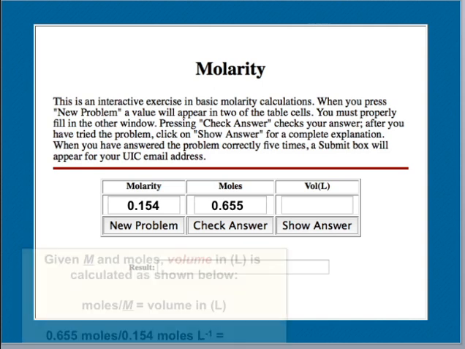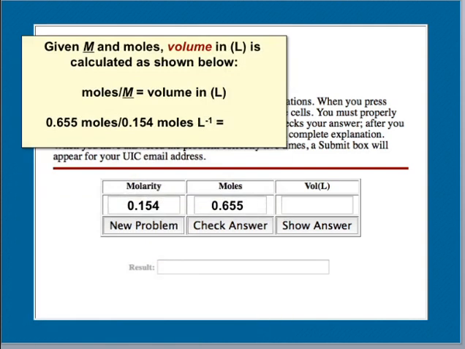Number of moles divided by moles per liter will give us liters. So we simply take 0.655 divided by 0.154. And this is 4.26. Any questions?